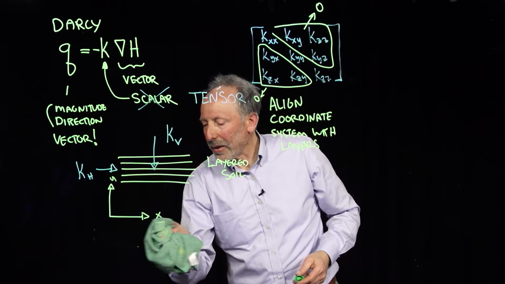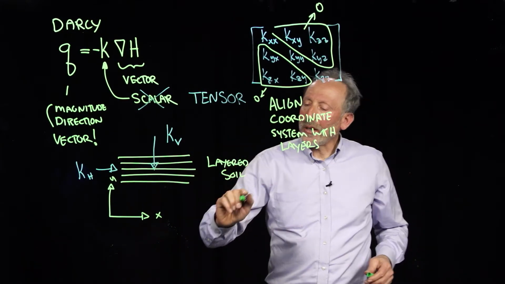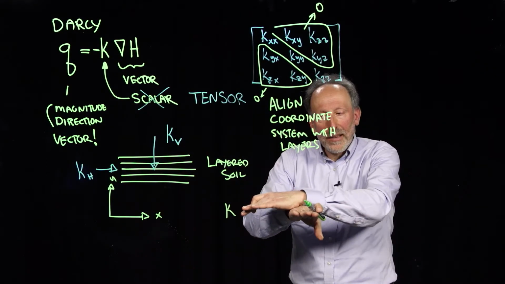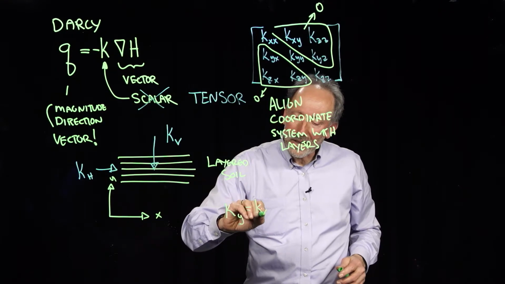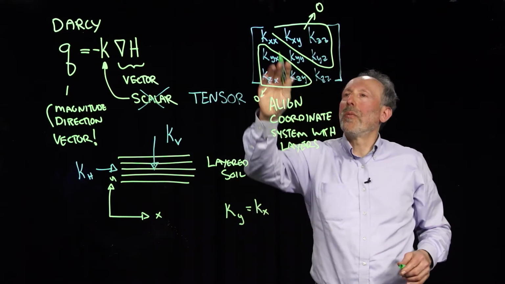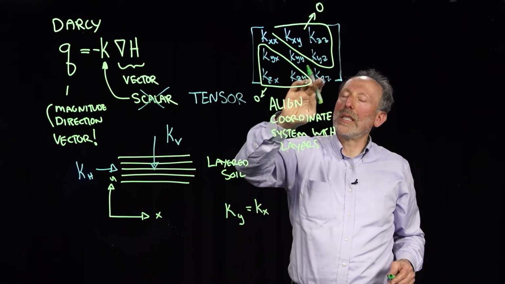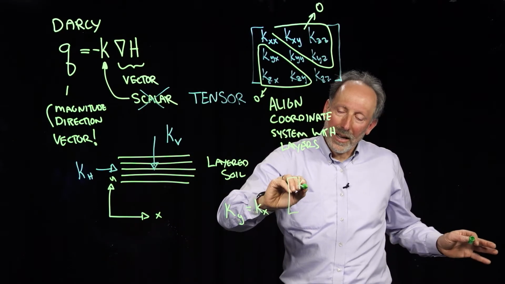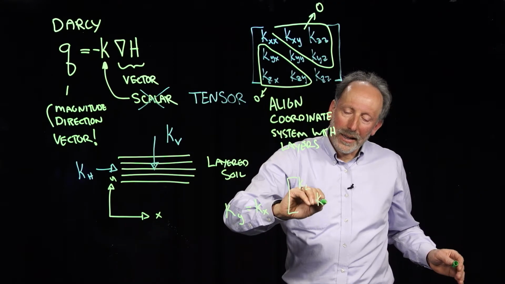Typically, the next thing we do is we say, aha, well, that's all fine, but actually the k in one horizontal direction is going to be the same as the k in the other horizontal direction. So we'll say ky equals kx. And so what we've now got in this system is we had kxyz, and now we're going to represent this as a k in the longitudinal direction and the k in the vertical direction.